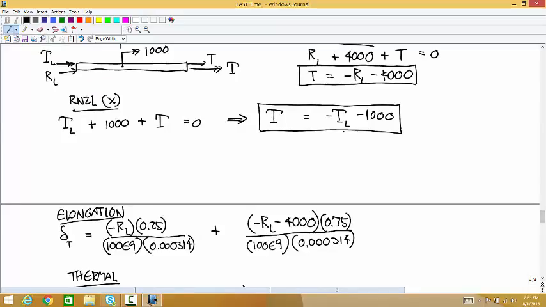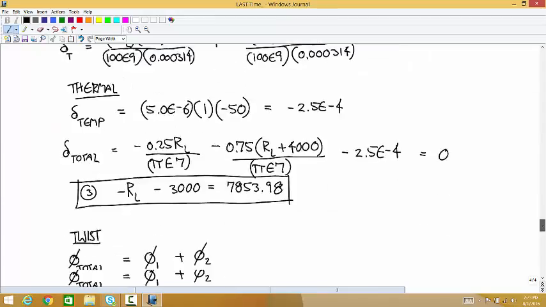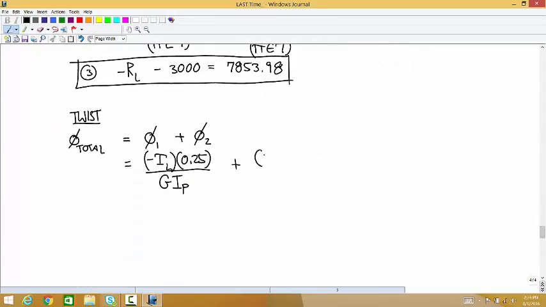The internal torque is negative TL minus 1,000 times 0.75 divided by GIP. And those have to add up to 0 because of the fixed constraints at the wall. And so we can multiply both sides by GIP, and those cancel.